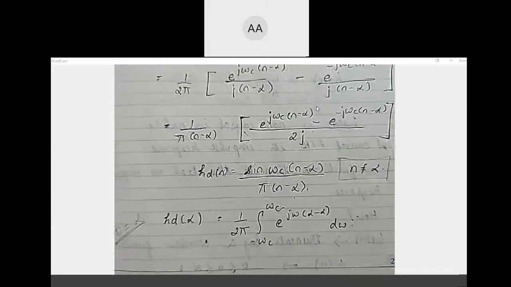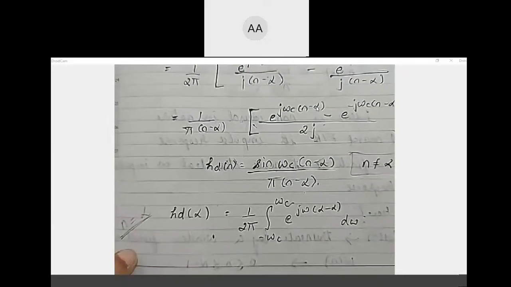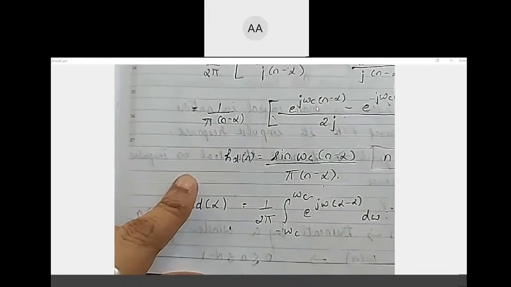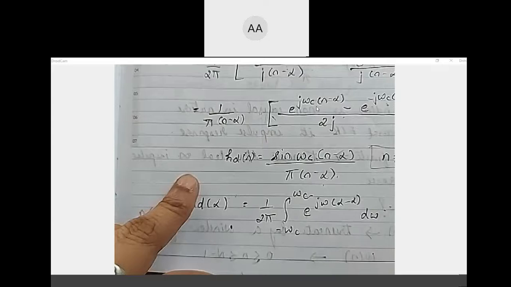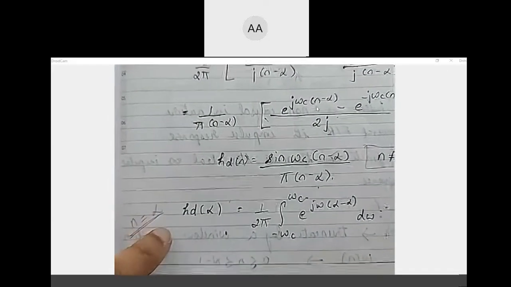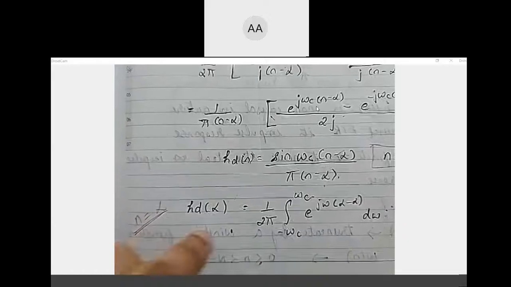So the basic thing here is that we wanted to restrict our hd of n for the phase to be linear. There were two conditions. One is that hd of n has to be of finite duration. One more is that it has to be symmetric or antisymmetric.